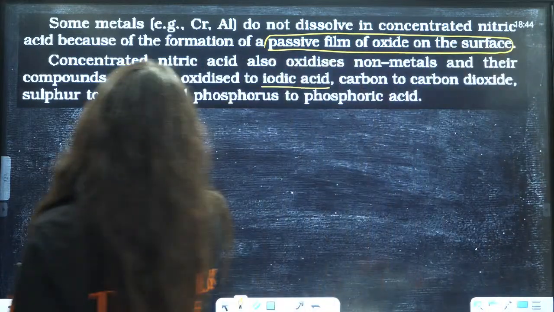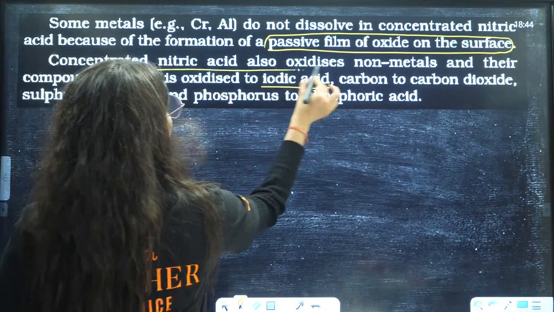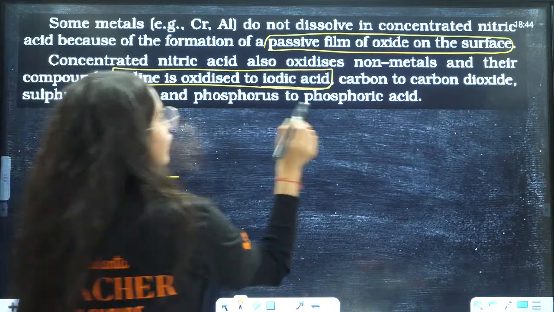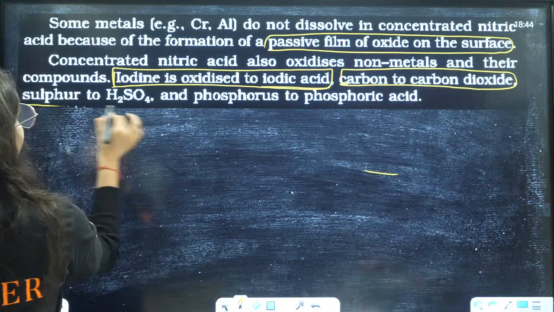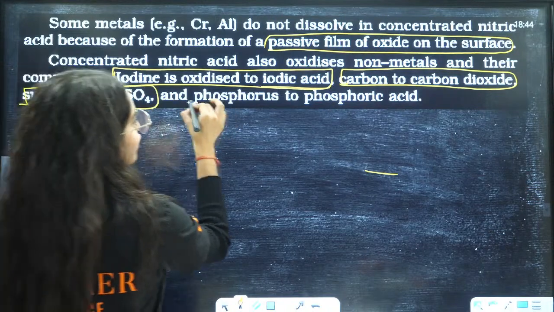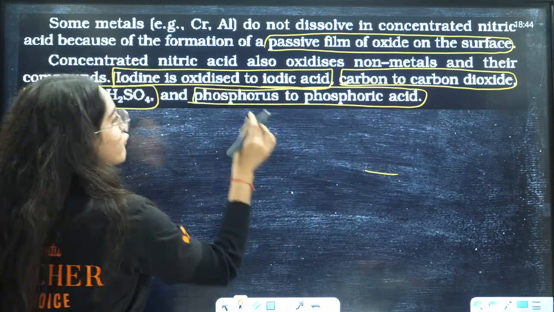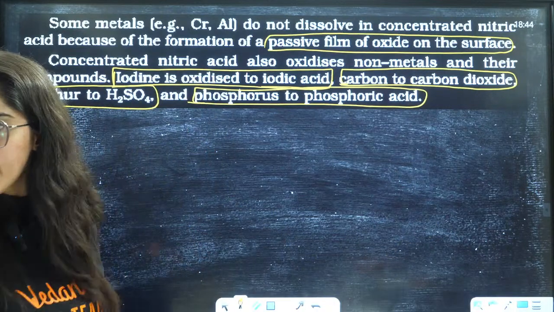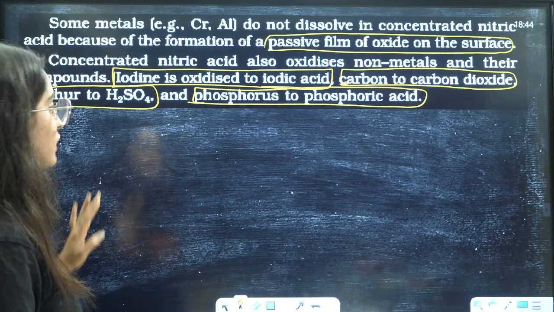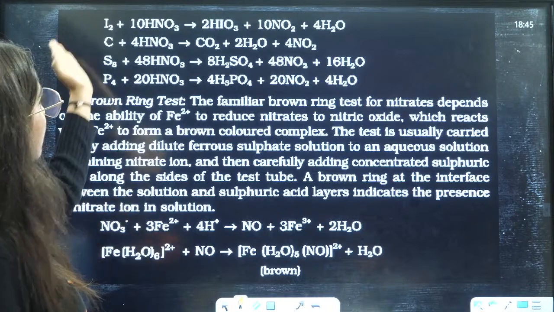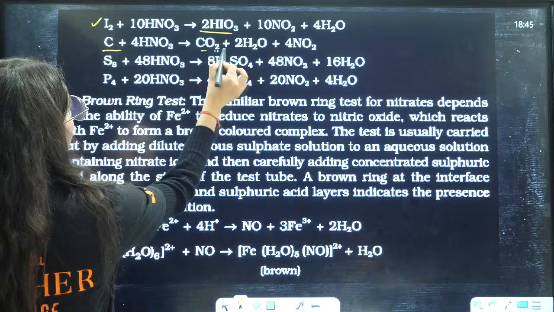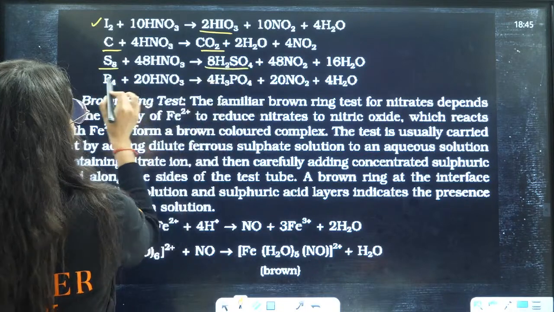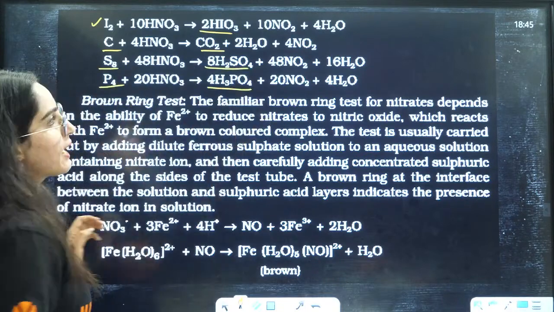It can oxidize carbon to carbon dioxide, sulfur to H2SO4, and phosphorus to phosphoric acid, H3PO4. Okay, all these things it can do.